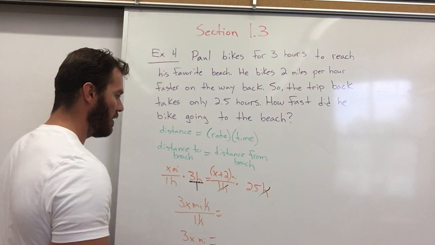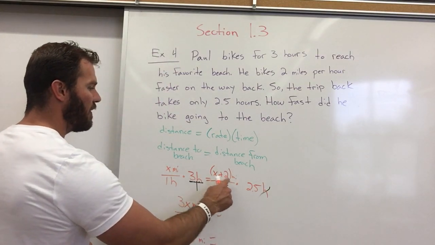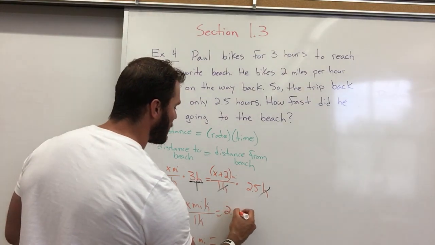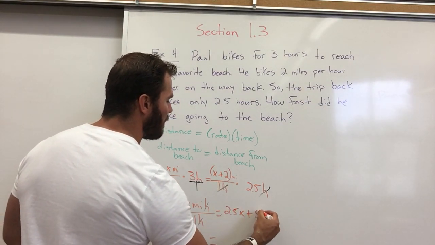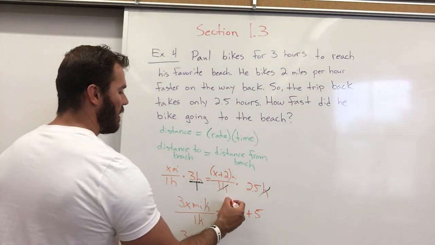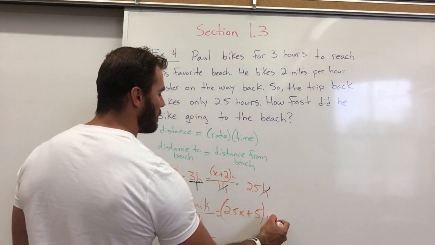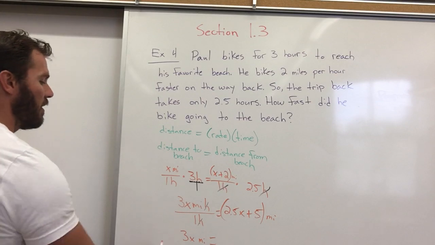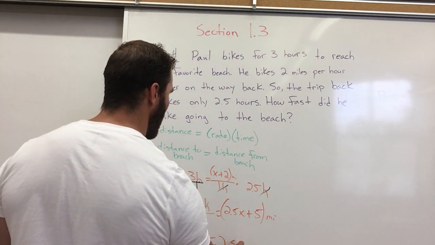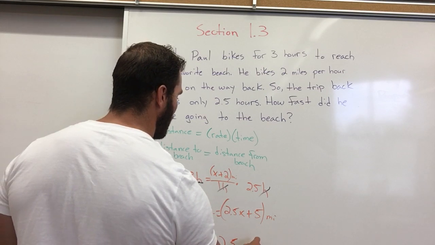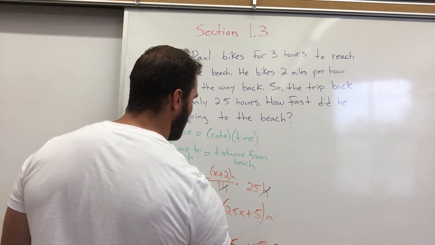Easy. Done. Eliminated. 2.5 times x is 2.5x. 2.5 times 2 is 5. And these are all in miles. Okay? 3x miles plus 2.5x miles plus 5 miles.